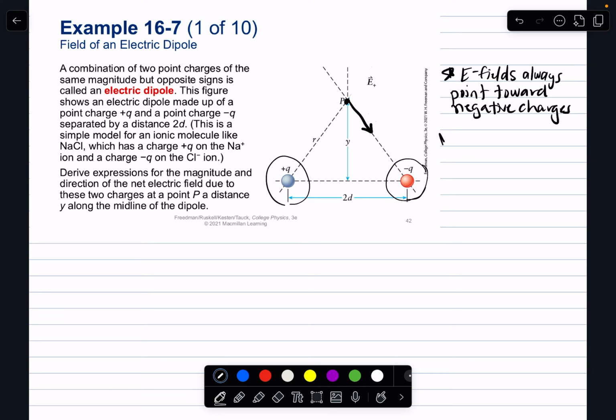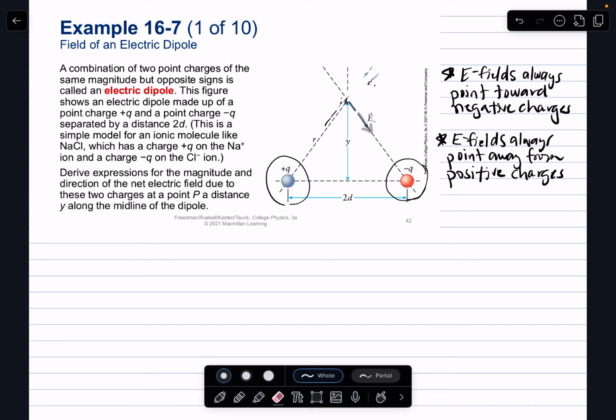The rule for positive charges is that E fields always point away from positive charges. So starting at point P, we're going to draw a vector on a straight line path directly away from Q. And now you can see those E vectors and why they're there.